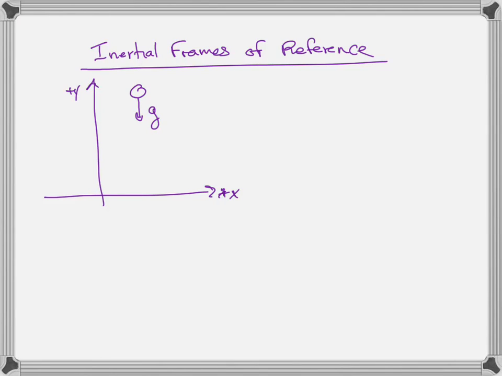If instead I get into an elevator, and that elevator is moving up at some constant velocity v0, and I make measurements of the position, velocity, and acceleration of the dropping ball relative to me in the elevator, in other words, the elevator has my frame of reference stuck to it, let's call it a different frame of reference, then because the elevator is moving at constant velocity, I'm still in an inertial frame of reference, even though I'm making measurements on an accelerating body. So we're talking about measuring things from inertial frames of reference.